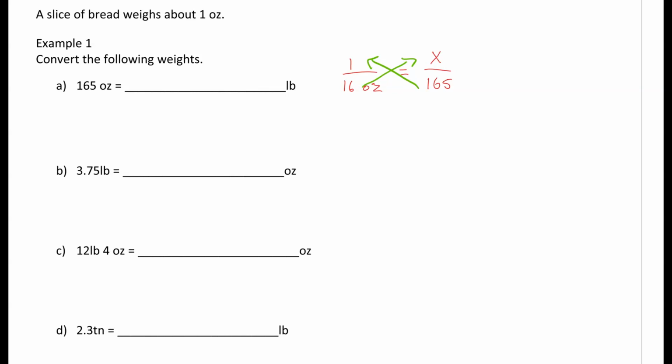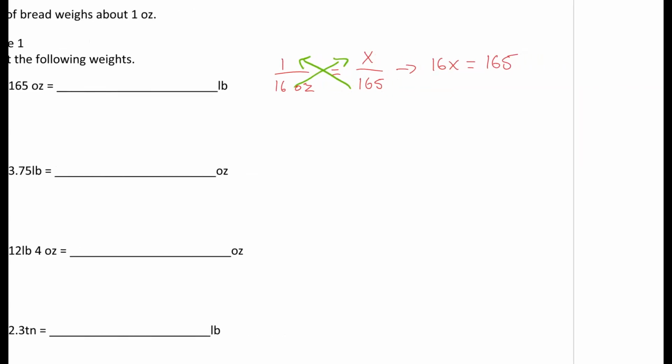and we have 16 multiplied by x, which is 16x, is equal to 1 multiplied by 165. Now, we want to have x by itself, so we have to isolate it by dividing by 16 and dividing by 16.